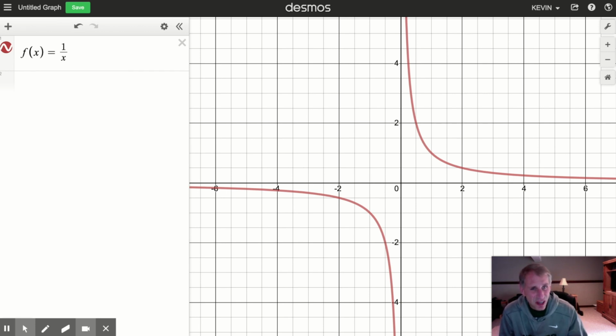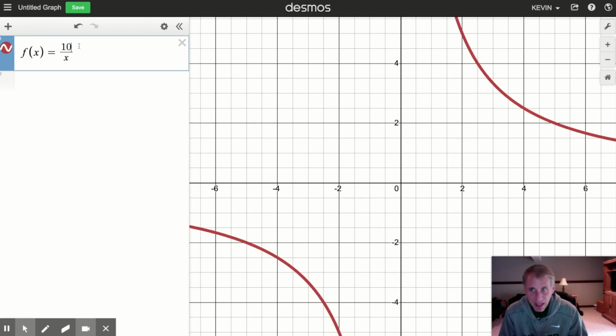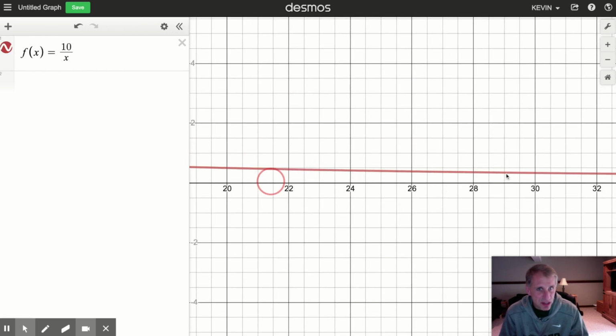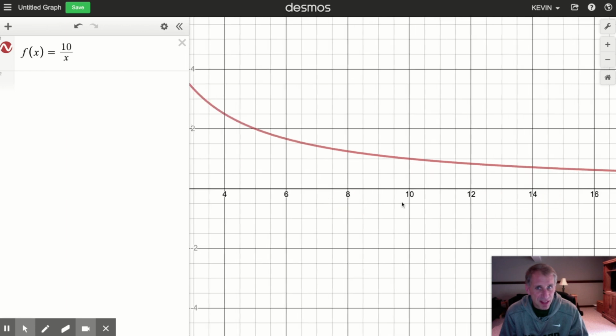But as x gets larger and larger, as x goes to infinity, f of x is clearly going towards 0. And it's interesting with the cookie analogy that if you increase the number of cookies, say you have 10 cookies, it starts out great. If you have 2 people, now they're getting 5, but inevitably we still run into that same situation. 10 cookies is not going to satisfy the entire world.